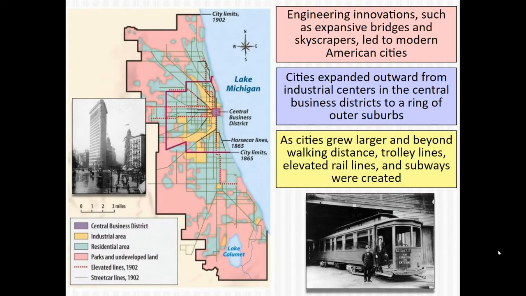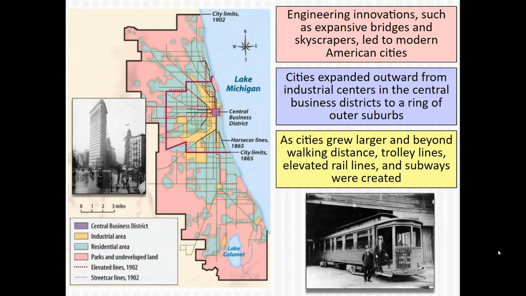With this, we are going to have a lot of innovations that are going to allow for the expansion of cities. This includes bridges, skyscrapers, modern conveniences such as trolley lines, railway cars, subways, and things like that. It's going to start with urban business districts and spread out from there into more suburban type areas.